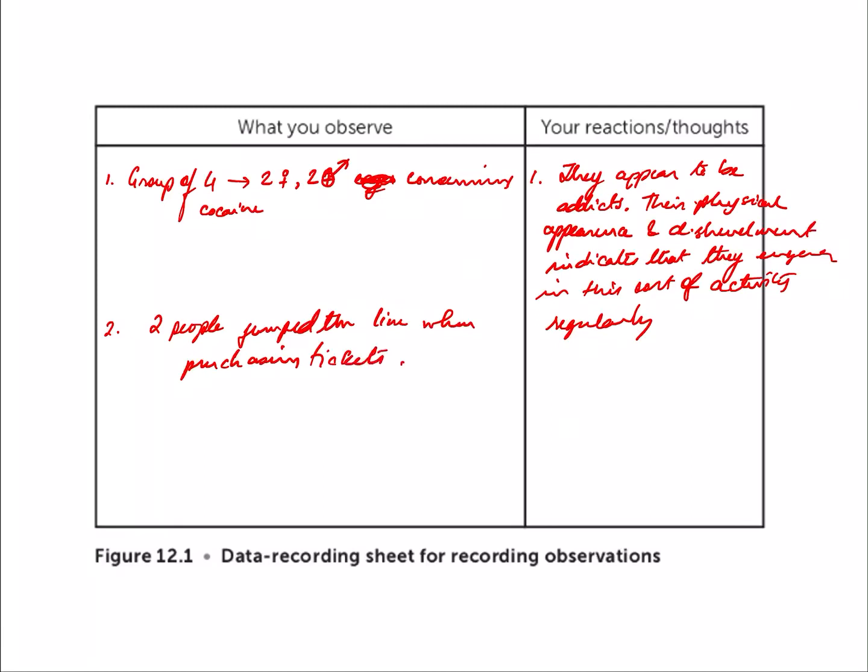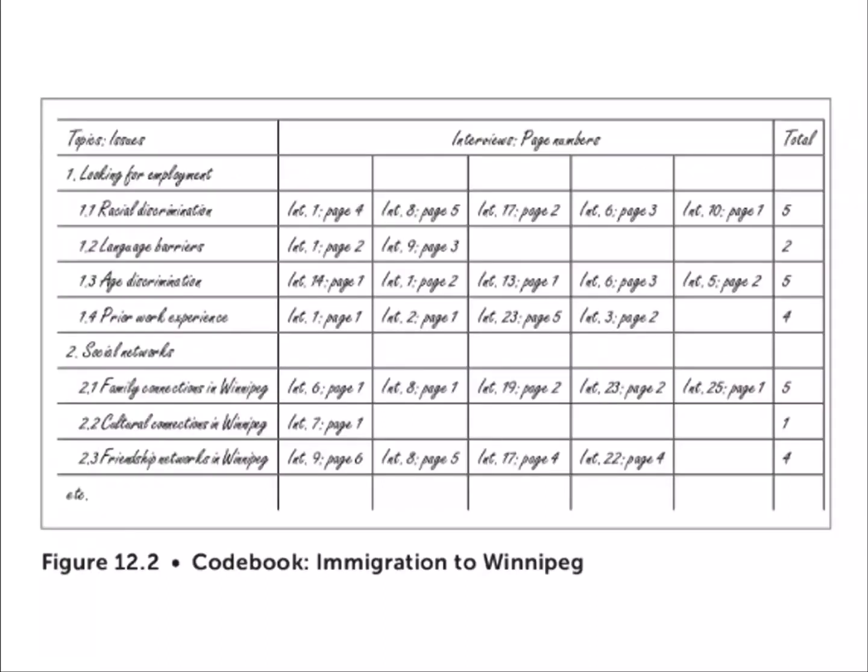Now, your observation to that might be these 2 people appear to be very entitled. They seem to believe that the line didn't hold any value for them. They were a little aggressive and loud, and they decided to make their way forward, or whatever it is that you wish to write. So it's a good idea to be able to put your own thoughts adjacent to the observations, because that forms a framework. It frames the incidents that occur within your own mental construct or your own framework.